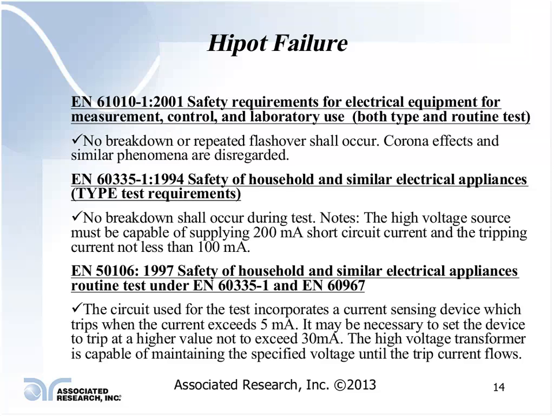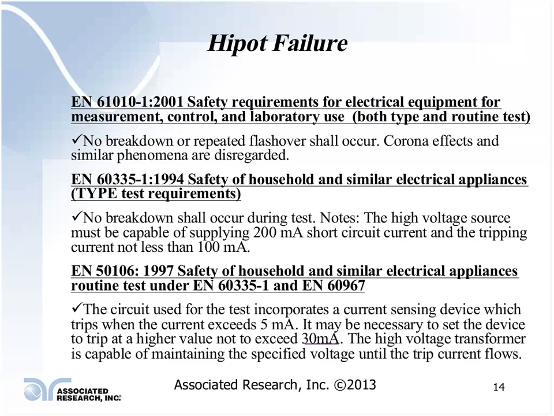Okay. Again, 60335, which is for household appliances, as a type test requires this high current, but as a routine production line test, it does allow you to use a tester that has a current trip capacity normally ranging from about 5 to 30 milliamps.